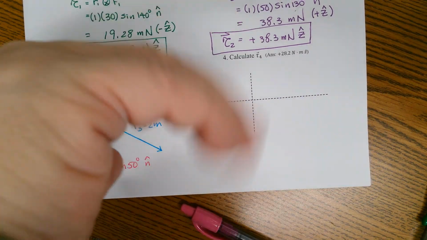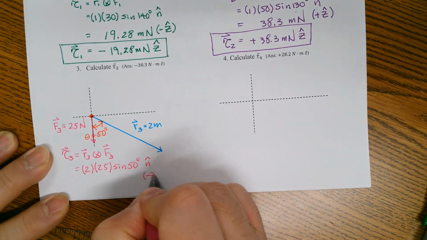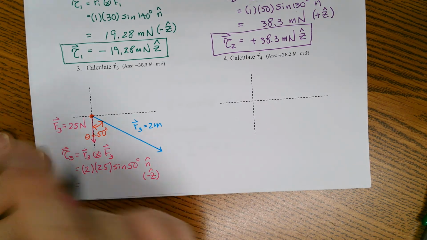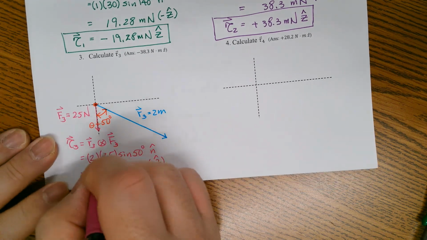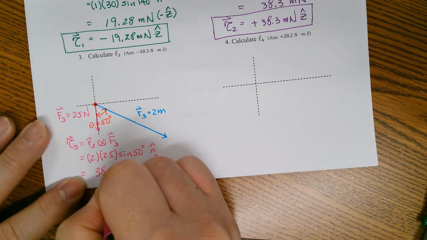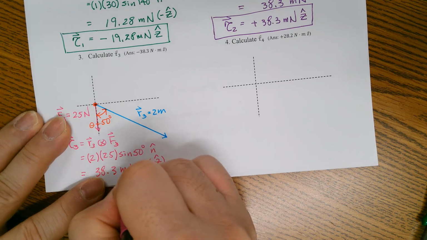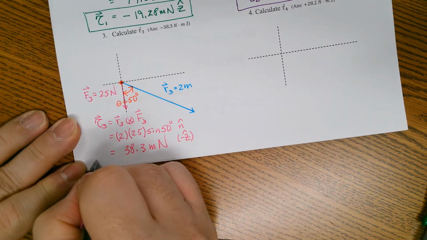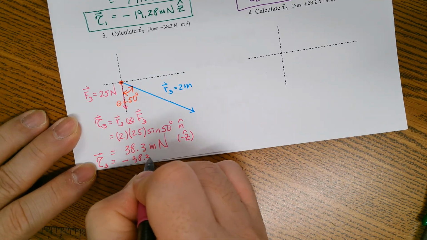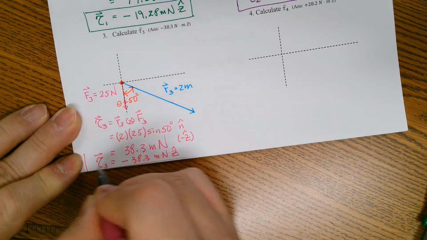R cross F is going to be in, therefore negative z hat. So this is 50 times sine of 50, and I get something like 38.3 meter newtons. So my torque 3 is equal to negative 38.3 meter newtons z hat.